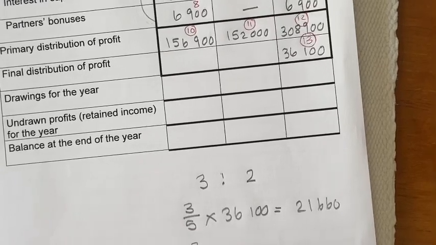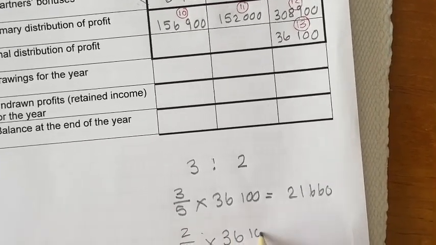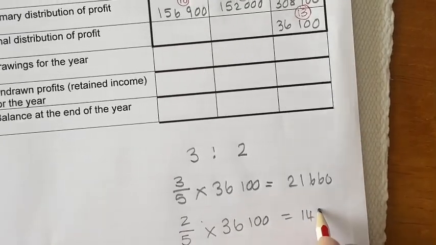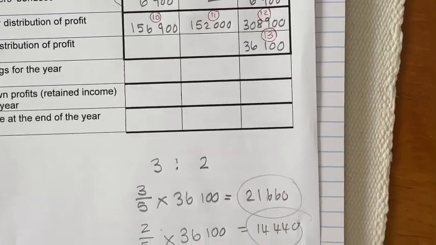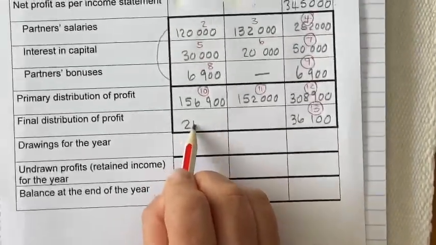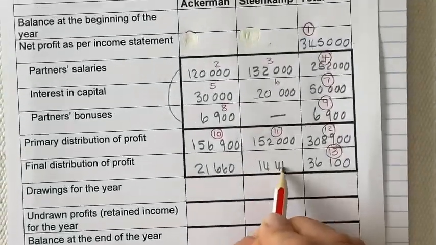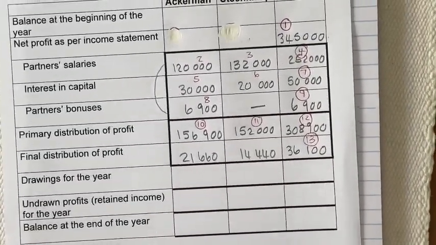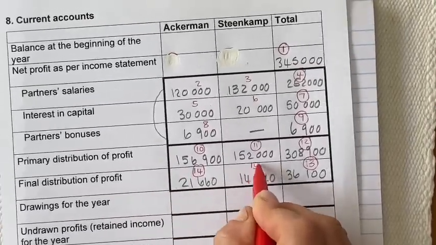And Steenkamp gets 2/5 of the 36,100, and that is an amount of 14,440. Okay, so that is their profit share. So you fill it in, 21,660, 14,440. And those two are steps number 14 and 15.